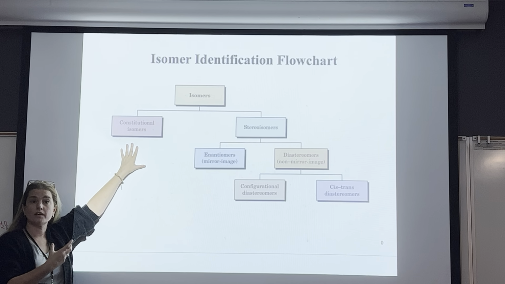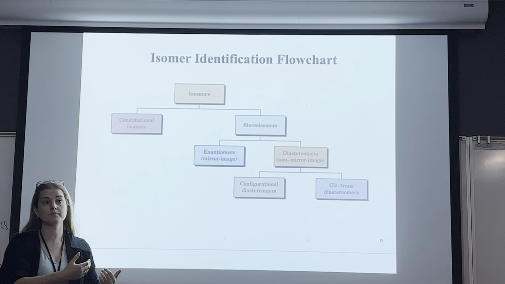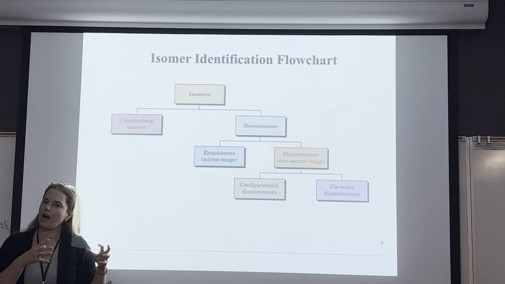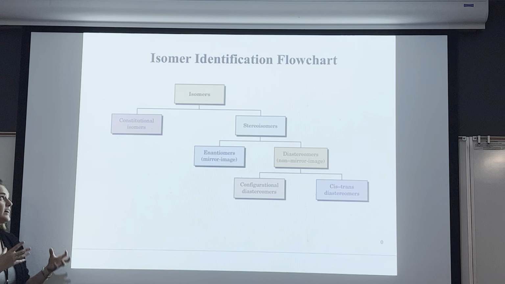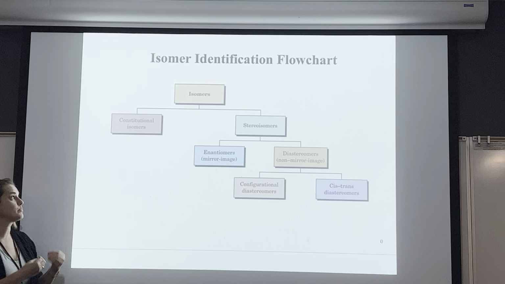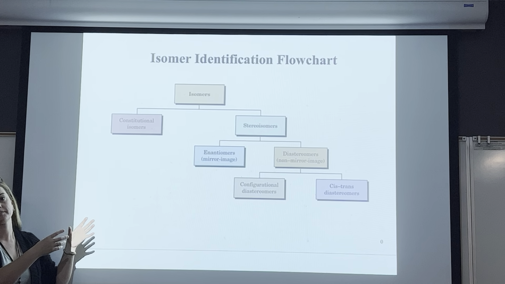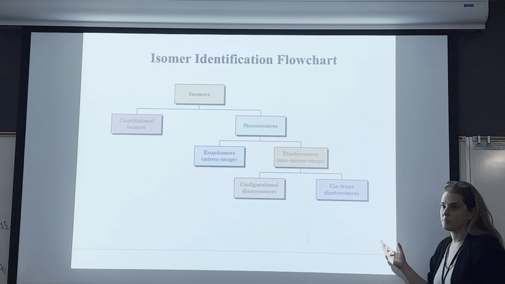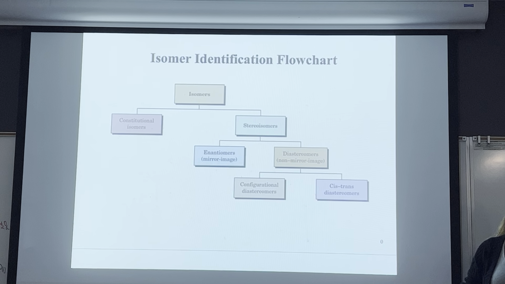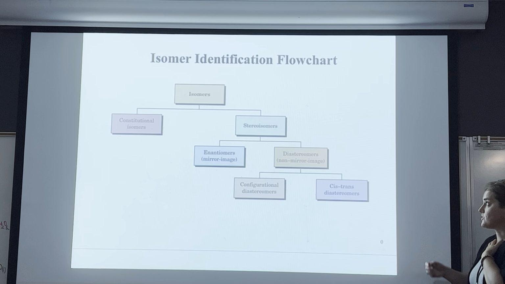Now, if you have the same molecular formula and the same connection of atoms, but somehow it's different, then we have stereoisomers, and we can split the stereoisomers up into enantiomers and diastereomers. Diastereomers are also called diastereoisomers, so if you see it spelled like that, yep, same thing, okay? I believe Connie said that those are just the disasters or whatever.